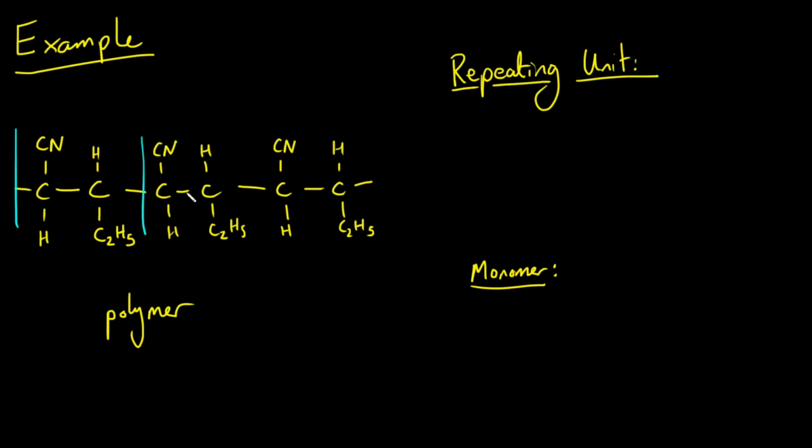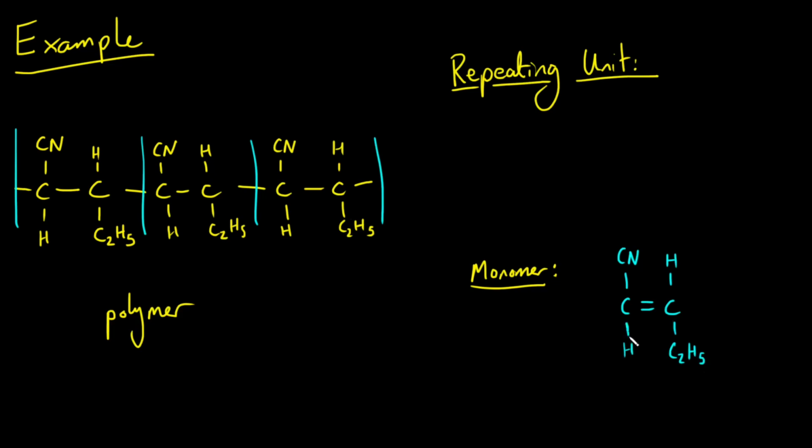We know that polymers are made up from 1, 2, 3 monomers. They're all the same. So we're looking at our monomer used to produce this polymer having our carbon to carbon double bond and all the exact same 4 groups. So we've got a CN part up here, a H, another H, and a C2H5.